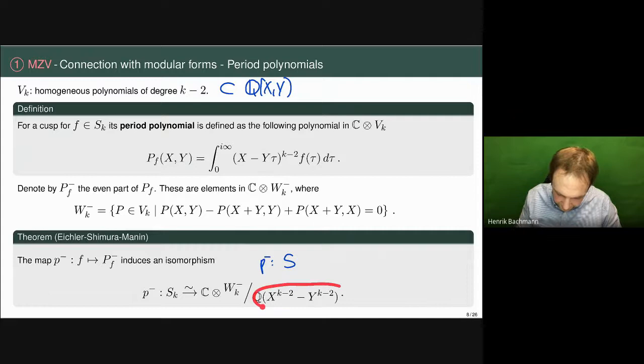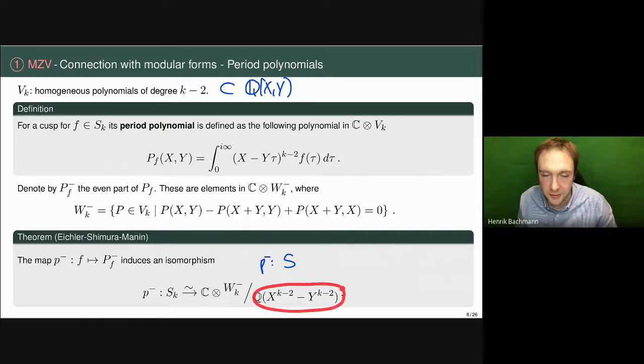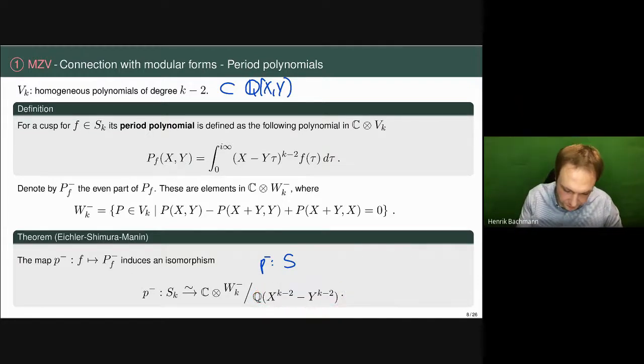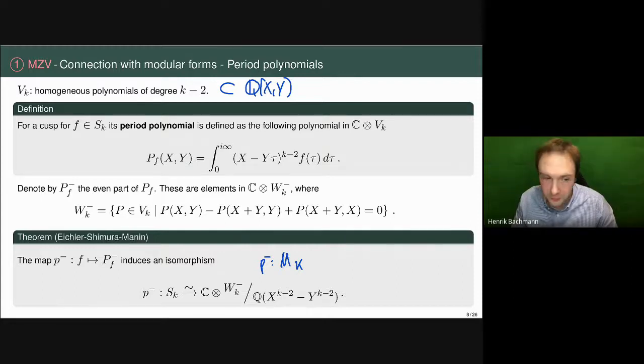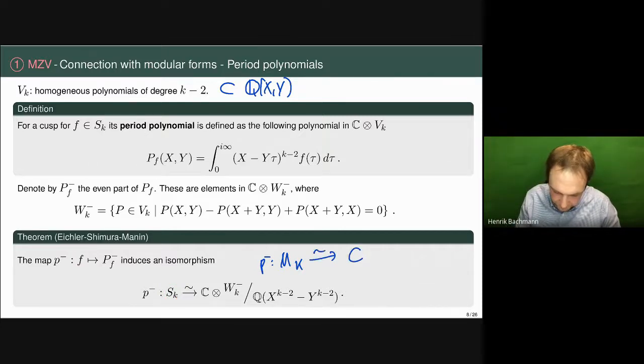What this actually is, you should think of as the period polynomial of the Eisenstein series. So there's an extended version due to Zagier, where I start in the space of modular forms, meaning the cusp forms plus Eisenstein series, and then I get an isomorphism to C with this W_k^-.